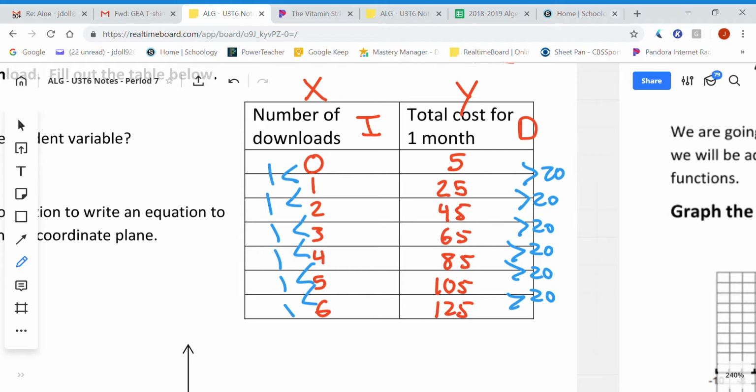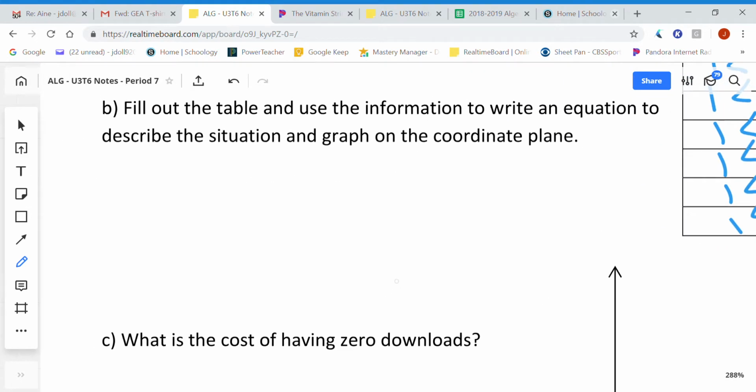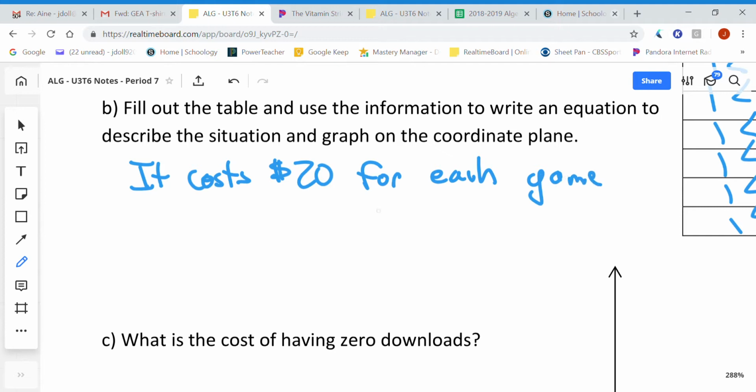We can see as we go all the way back to Target 1, the rate of change is $20 per 1 download here. So if I'm going to put that into words, you can say it costs $20 for each game you download, right? Or if we write that as a slope of rise over run, 20 over 1.